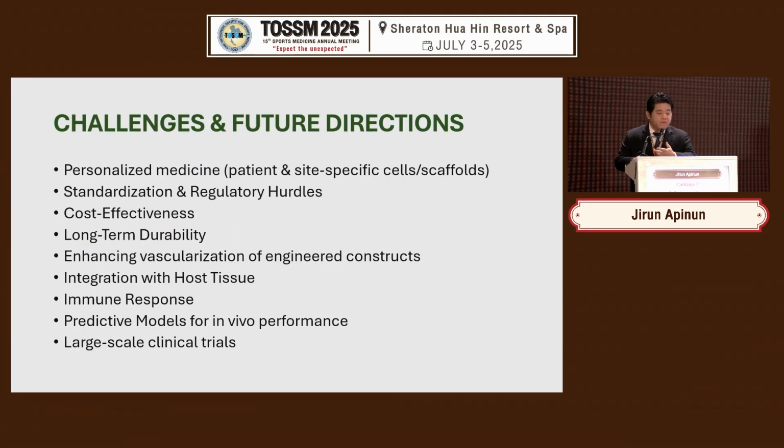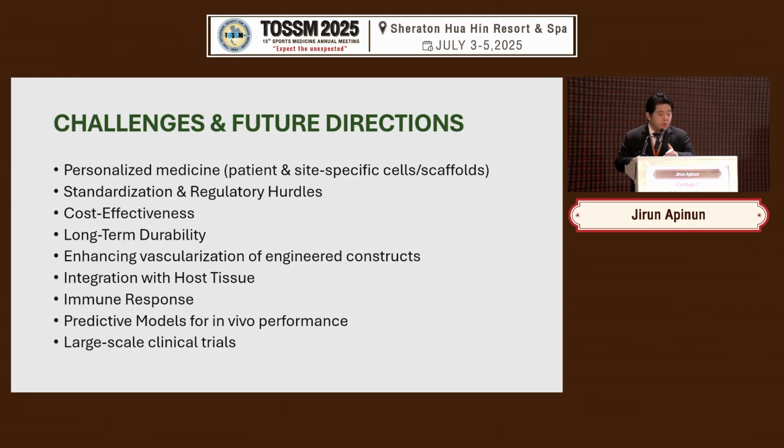There are still a lot of challenges and future directions in cartilage engineering in the ankle. It will move forward to more patient- and site-specific cells and scaffolds, and to how to make all these things pass the standards and regulatory bodies, to make them cost effective with long-term durability, with enhanced vascularity of the construct, and also integration with the host tissue.